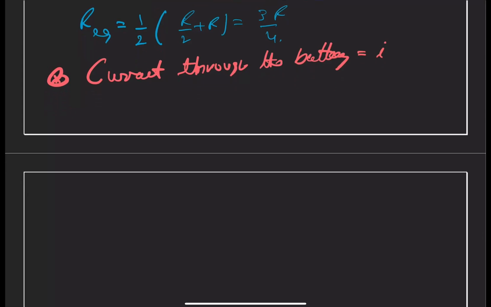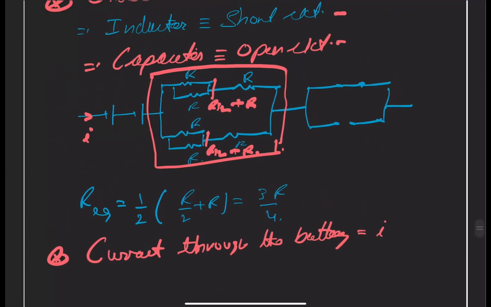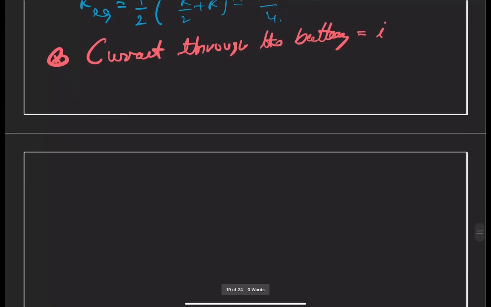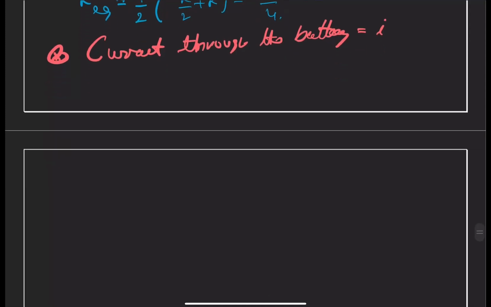Both these cells have the same EMF, that is E. Internal resistances are R1 and R2. So we can write that I is equal to 2 times E divided by 3R by 4 plus R1 plus R2.